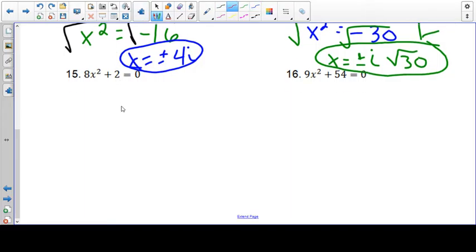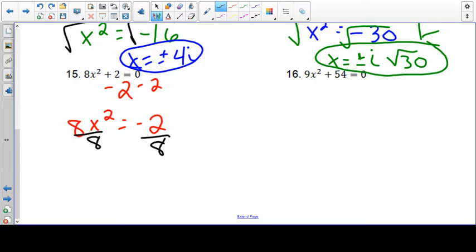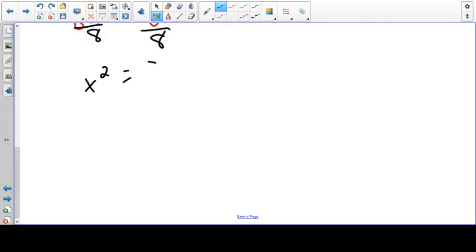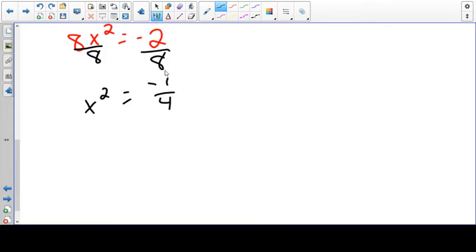All right, number 15, we're going to subtract 2. So I have 8x squared equals -2. Divide by 8. x squared is equal to negative 2 over 8 will reduce down to 1 over 4 because I can divide both by 2. 2 divided by 2 is 1. 8 divided by 2 is 4.